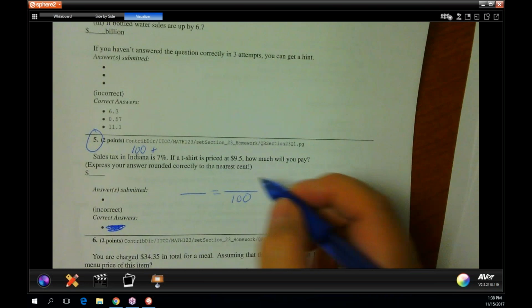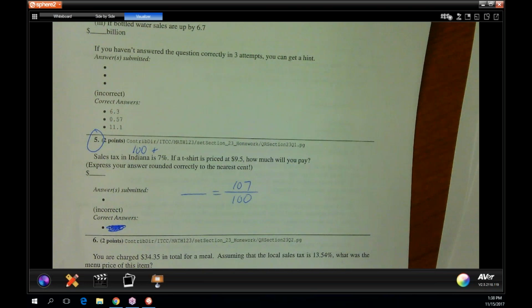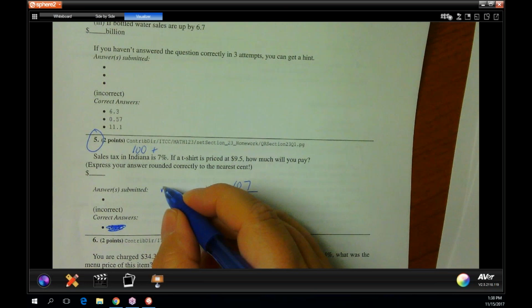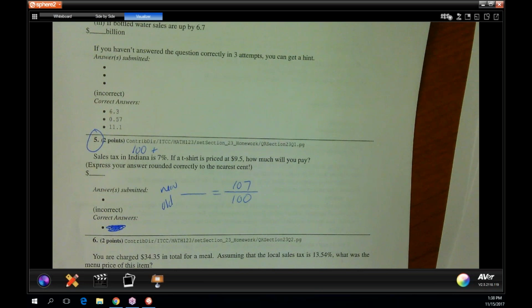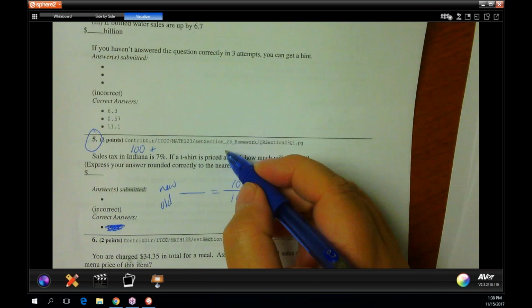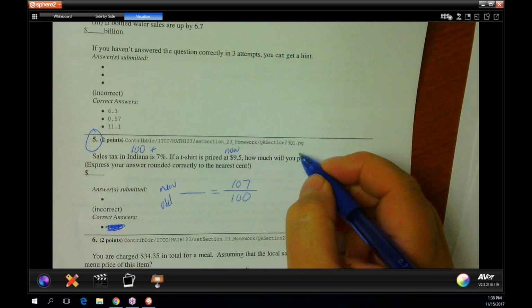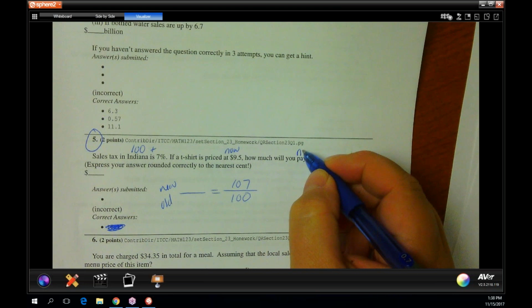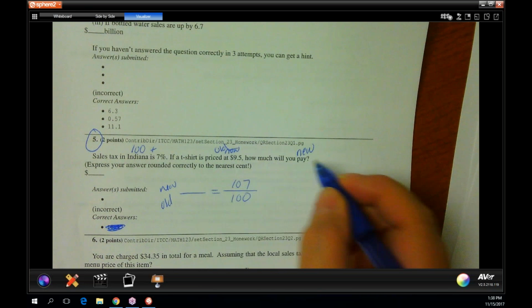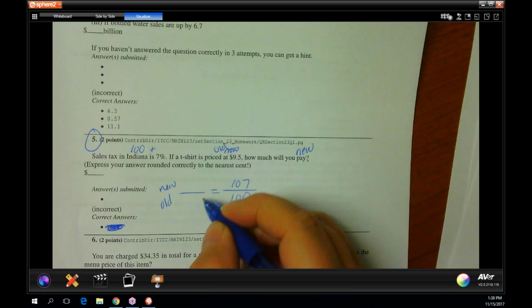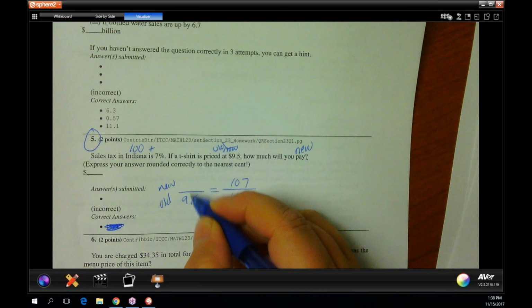You're paying the tax. This is the price now. How much will you pay will be the new price. So this is actually the old. This is after the tax. So this is 9.5.